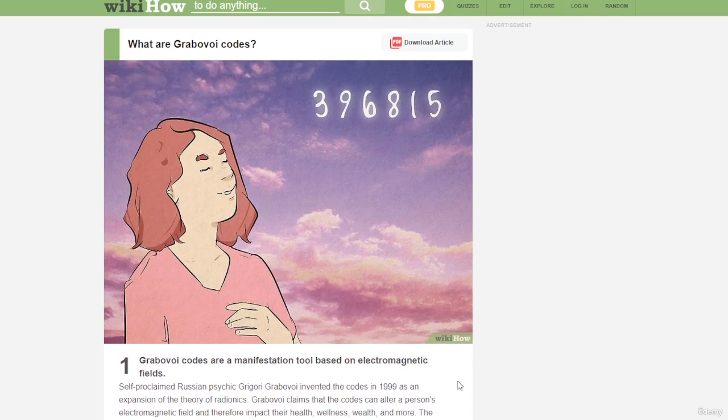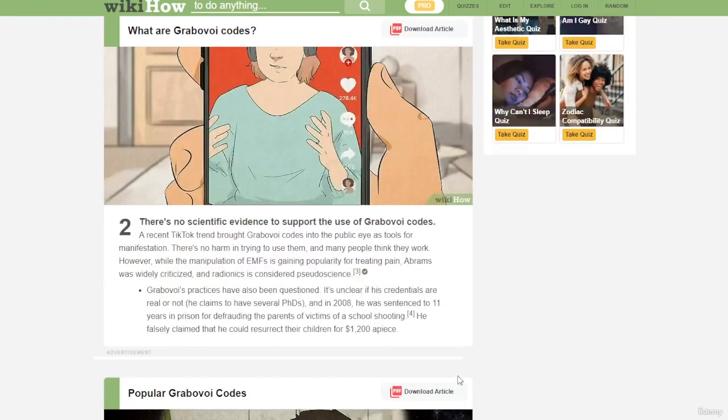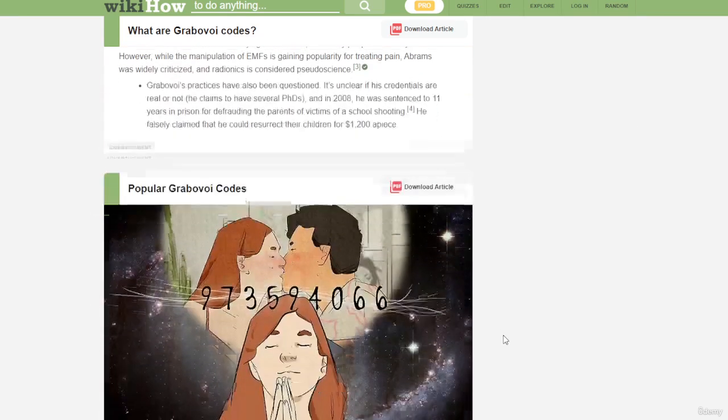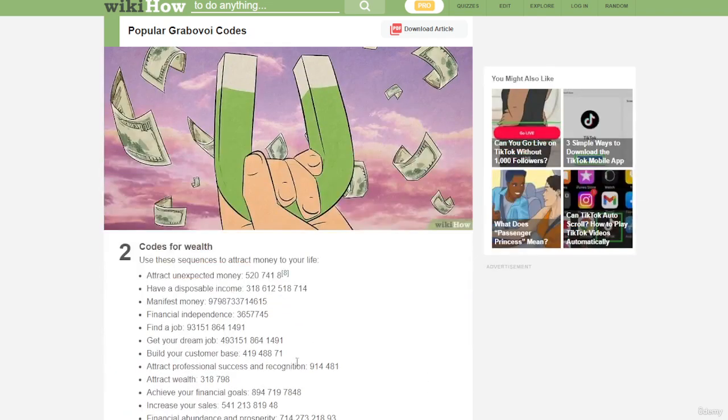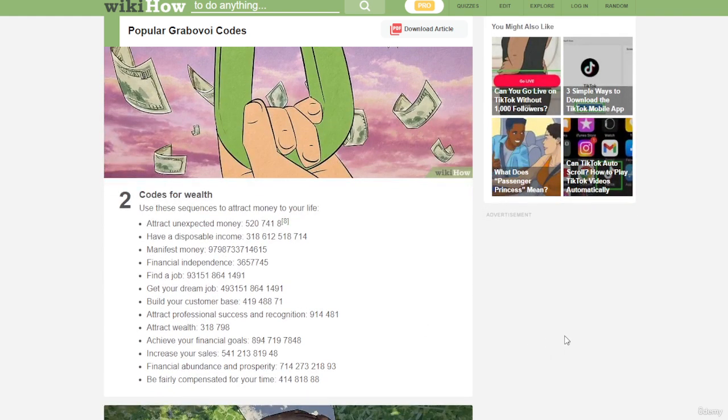Frankly, each of these codes can bring a little bit of this and that. There are codes for perfect love, improving self-love, attracting your crush, bringing a lover back, manifesting love and romance, attracting your soulmate. There are wealth codes. Some people who use it say that it does work for them. For others, it does not.